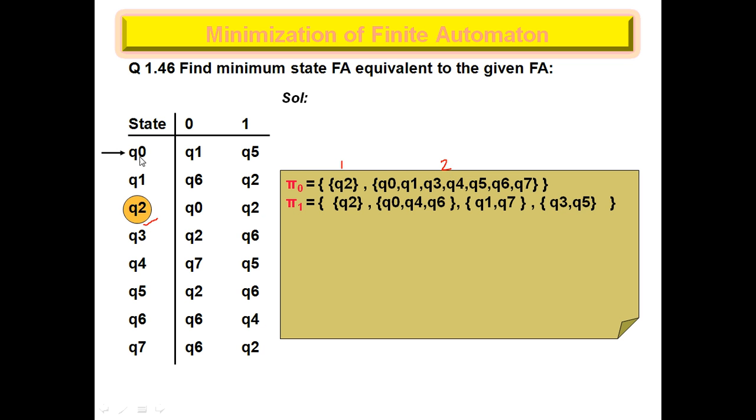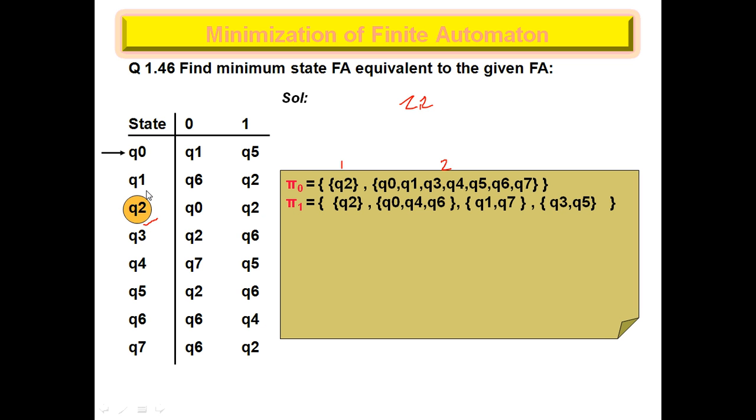Now see the transitions. For Q0 we reach Q1 and Q5. Make a set here. In the transition table, for Q0 we have Q1 and Q5, and both belong to part 2, so we write 2, 2.